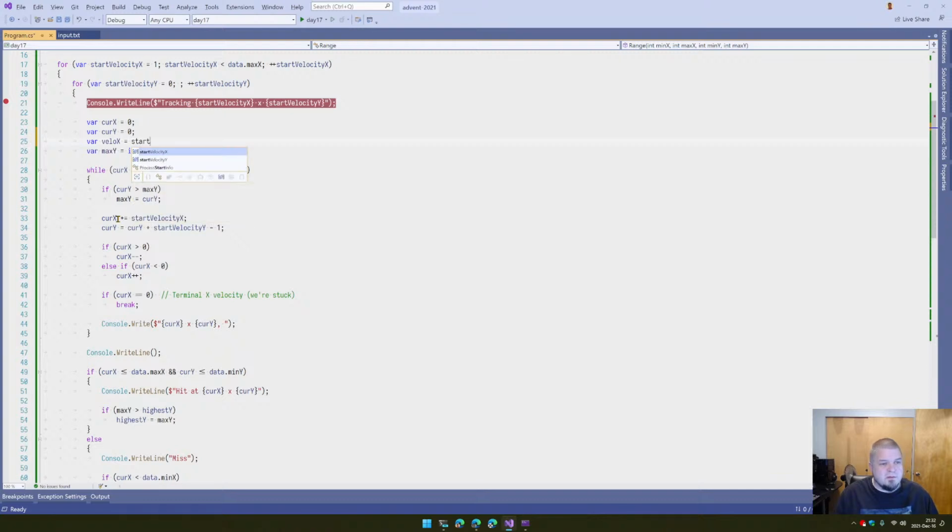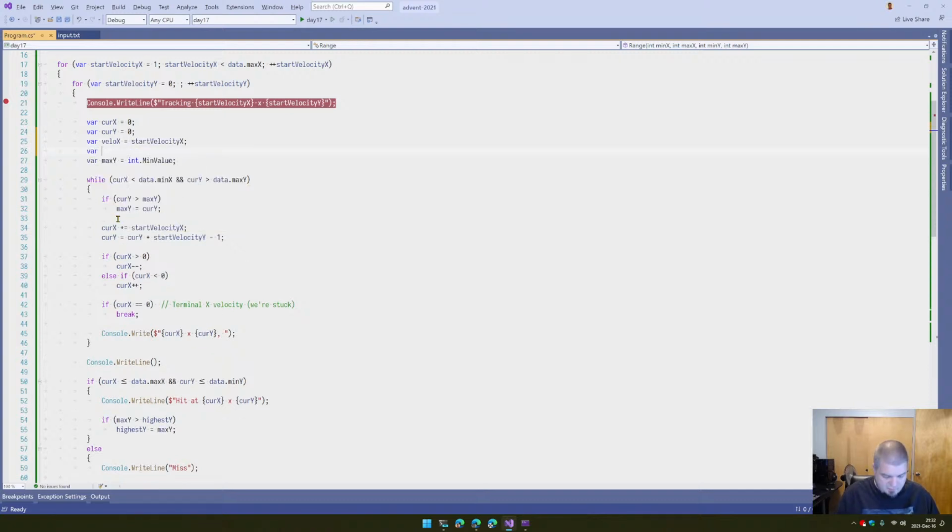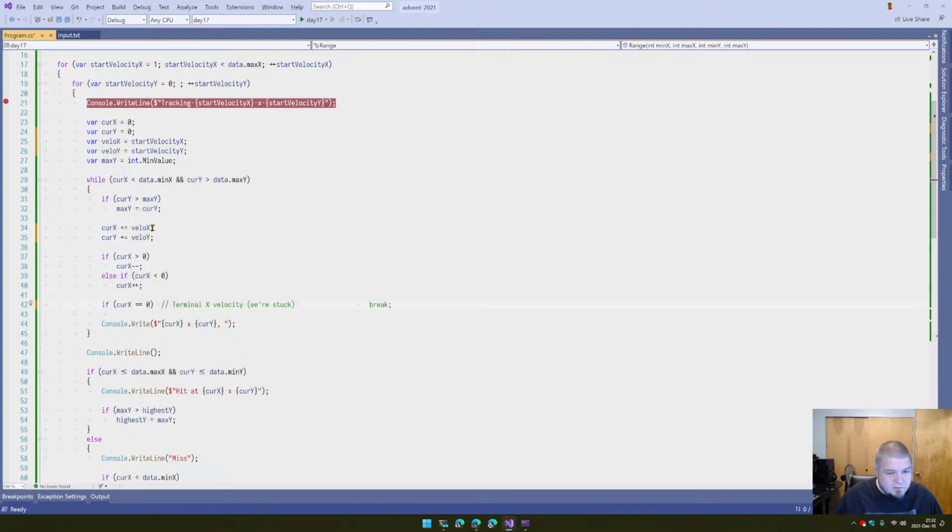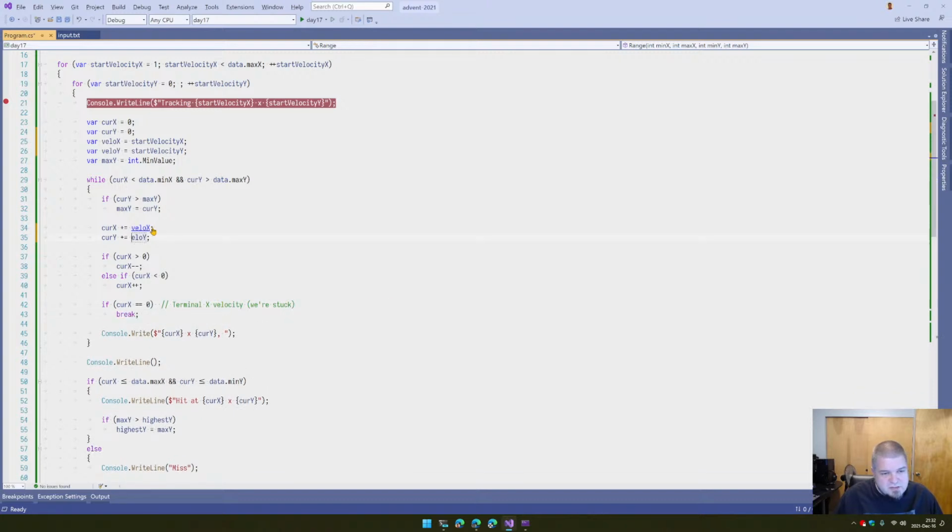Velo x is the start velocity x, velo y is the start velocity y. So you're going to go up by velo x and by velo y. This terminal velocity thing, I don't care about, I don't think.